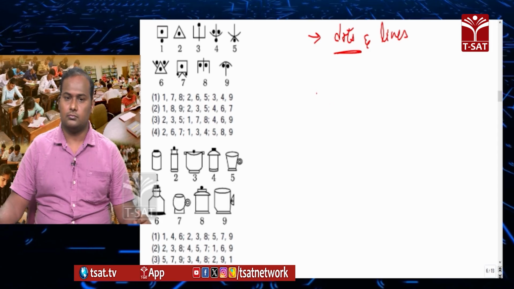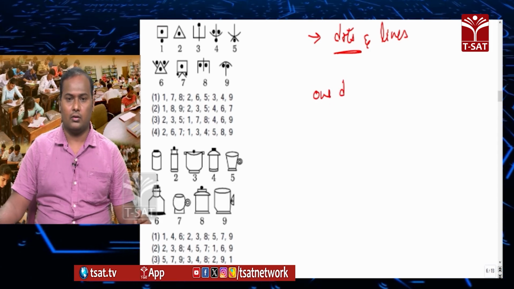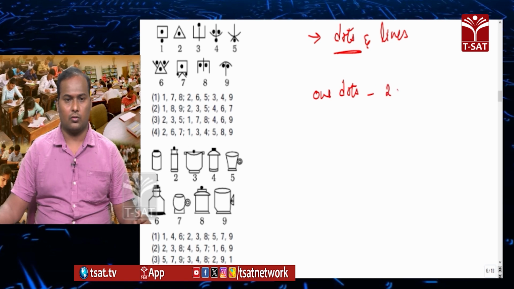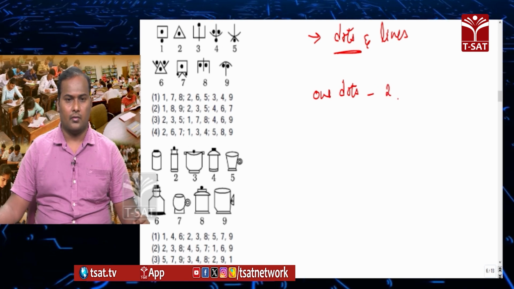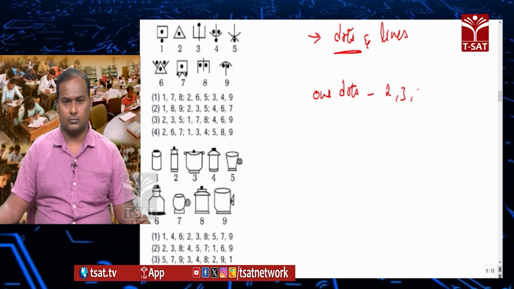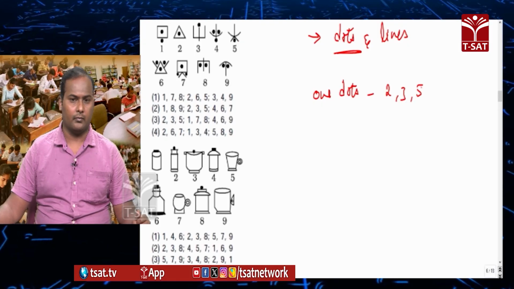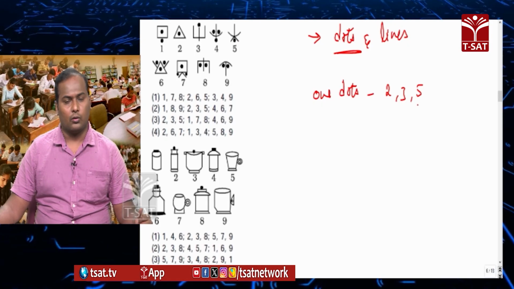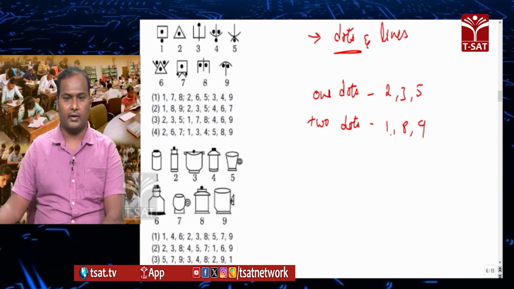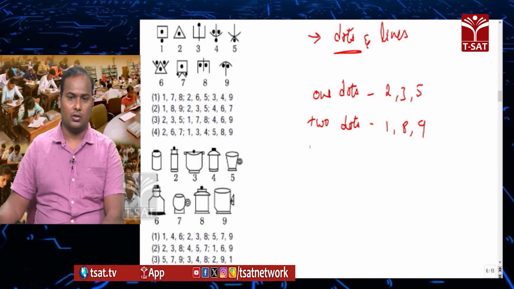So 1 dot. How many figures are having 1 dot? The moment you see this, figure 2, figure 3 and figure 5. So 2, 3, 5 I can form one group based on dot. Next one is 2 dots. I can classify figure 1, 8, 9 based on 2 dots.